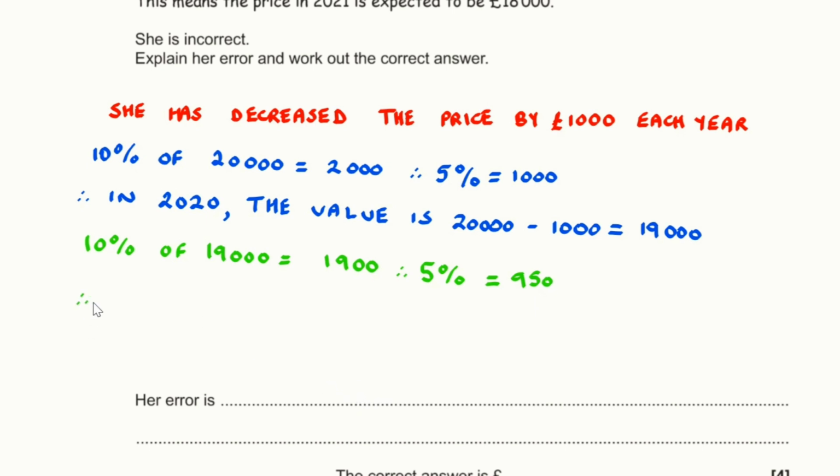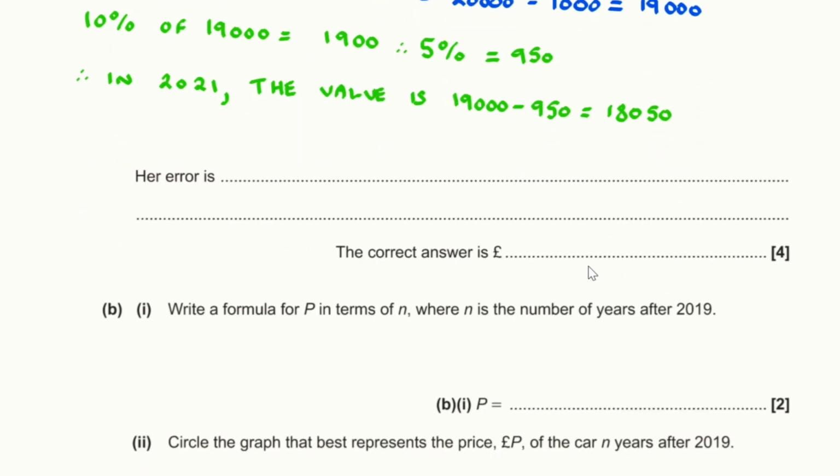And therefore, in 2021, the value is 19,000 take away 950, which is equal to 18,050. So the correct answer is 18,050.